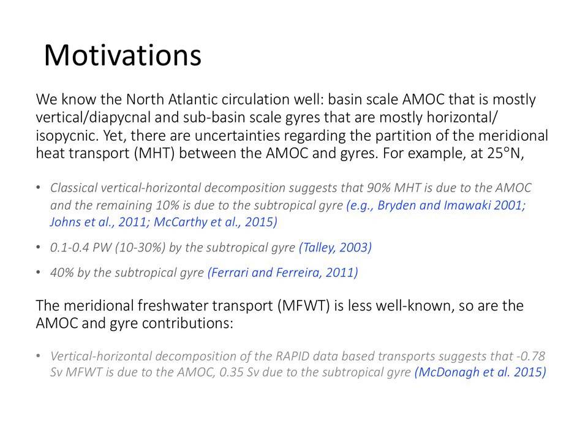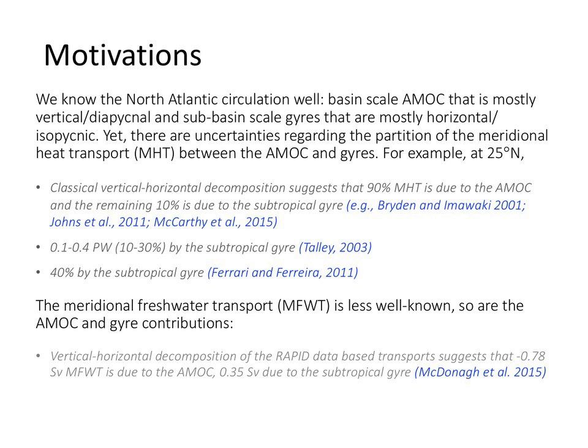There are many studies on that. But some people don't agree. For example, Talley 2003, and more recently Ferrari and Ferreira, say that the subtropical gyre could contribute a lot more, like 3 times or even 4 times that. And then we know a lot less in terms of meridional freshwater transport, so also the partition between the gyre and the AMOC for freshwater transport.